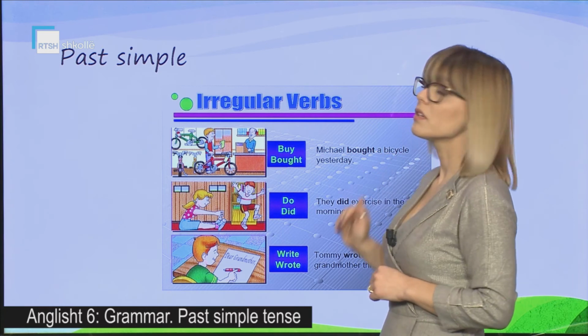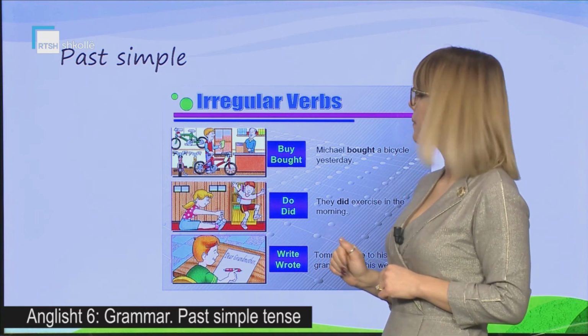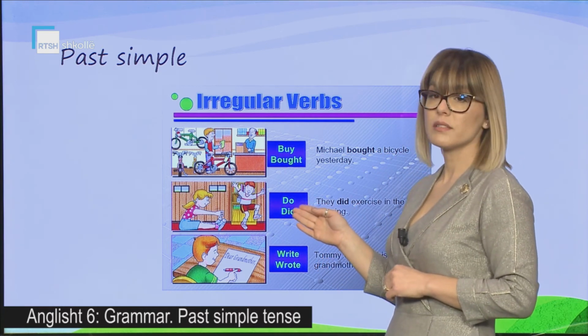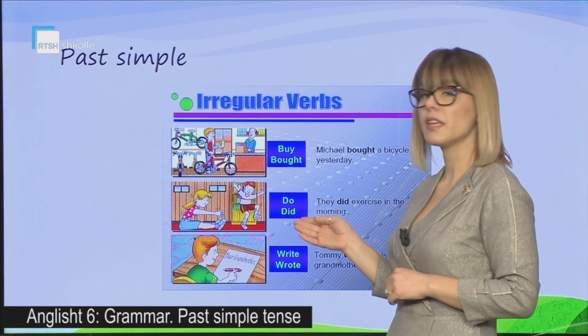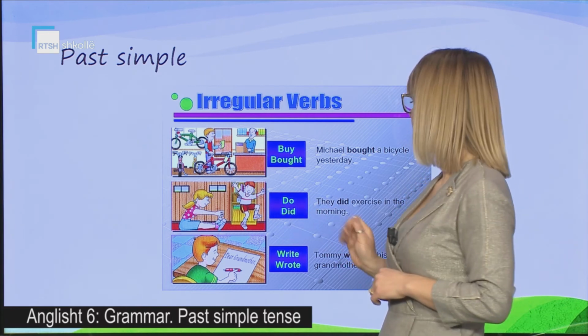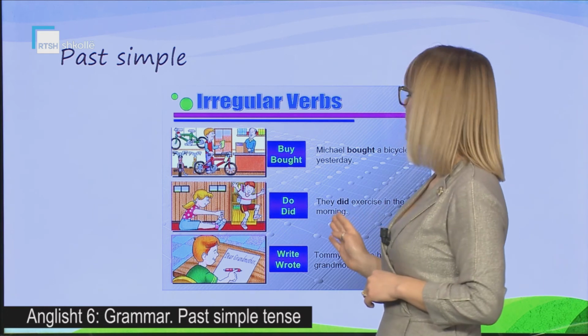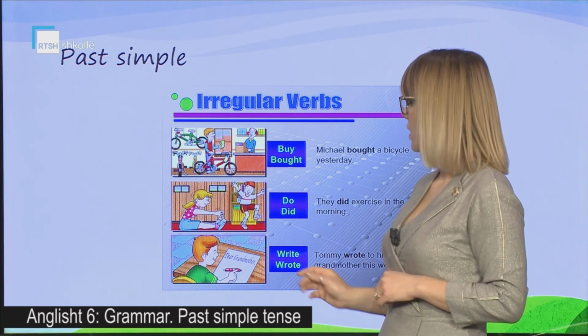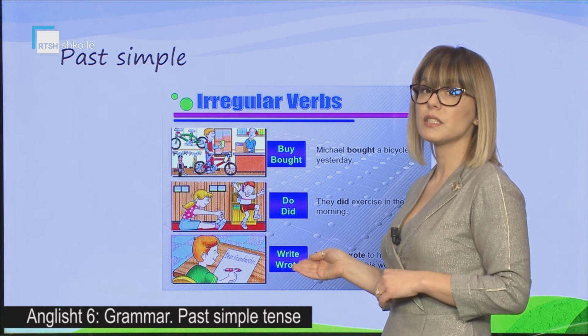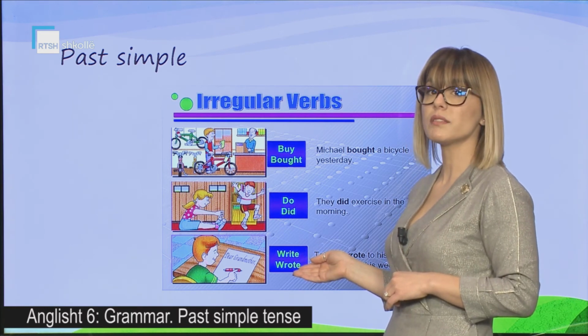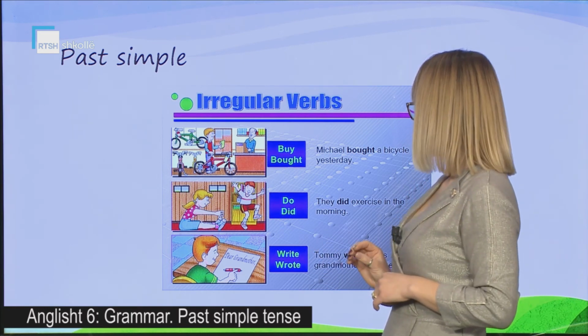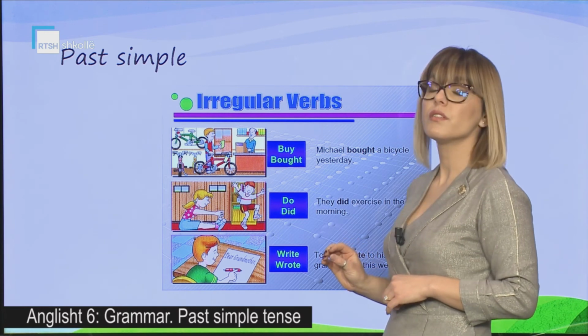Michael bought a bicycle yesterday. Do in the present simple tense, did in the past simple tense. They did exercise in the morning. Write in the present simple, wrote in past simple. Tommy wrote to his grandmother this week.